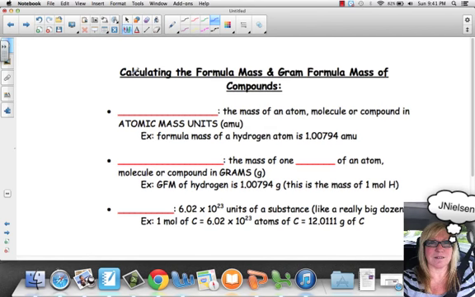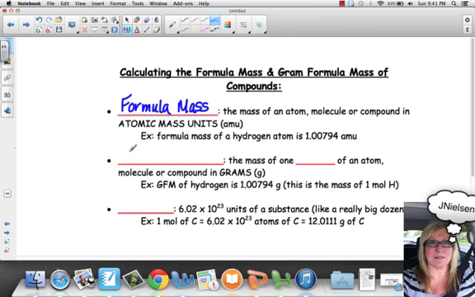So how do we calculate the formula mass and gram formula mass? Well, it's very easy. Formula mass is just the mass of an atom, molecule, or compound in atomic mass units. So what we just did in the previous examples, we were calculating formula mass.